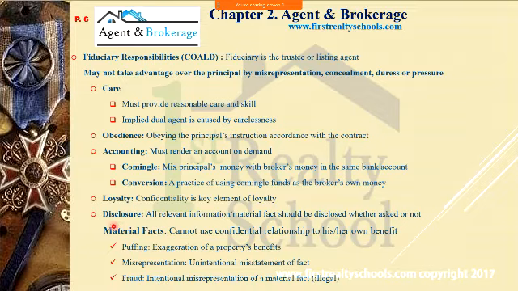Okay, last part, disclosure. All the relevant information, or so-called material facts, must be disclosed. You should disclose it, and no matter whether the customer asks for it or not, you have to disclose it. Okay, material facts.